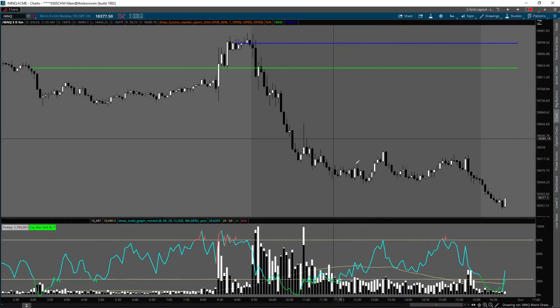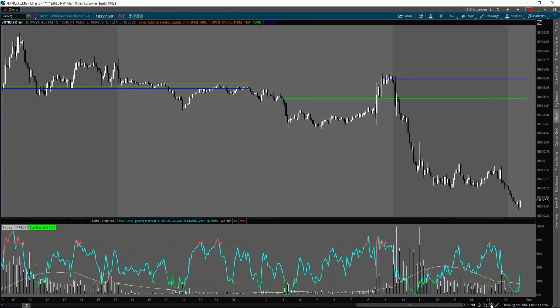For the US session. So futures trade 23 hours a day, starting at 1800 hours Eastern Standard Time or 1700 hours Central Standard Time, and they flow all the way through until 1700 Eastern Standard Time the next day. So there's a full 23-hour session in the NASDAQ futures market, which unlike equities, has advantages.